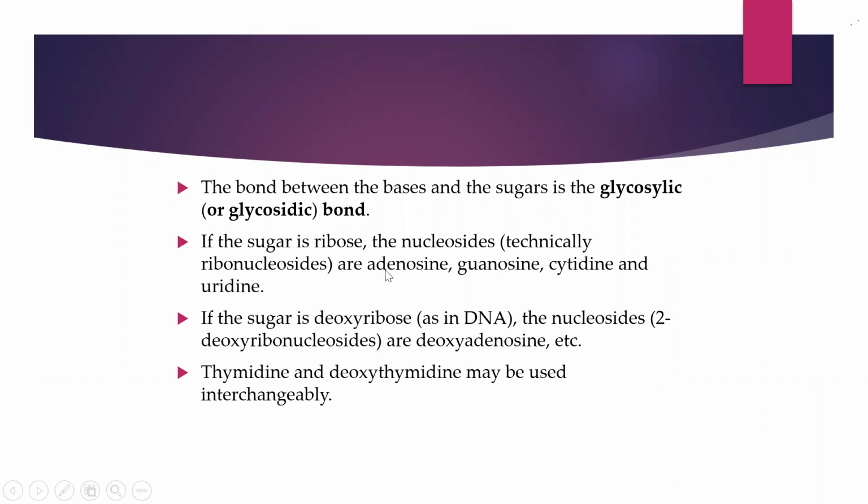They are adenosine, guanosine, cytidine, and uridine. If the sugar is deoxyribose, as we see in case of DNA, the nucleosides are 2-deoxyribonucleosides. Like ribonucleosides, they are deoxyribonucleosides, and the examples are deoxyadenosine and so on.